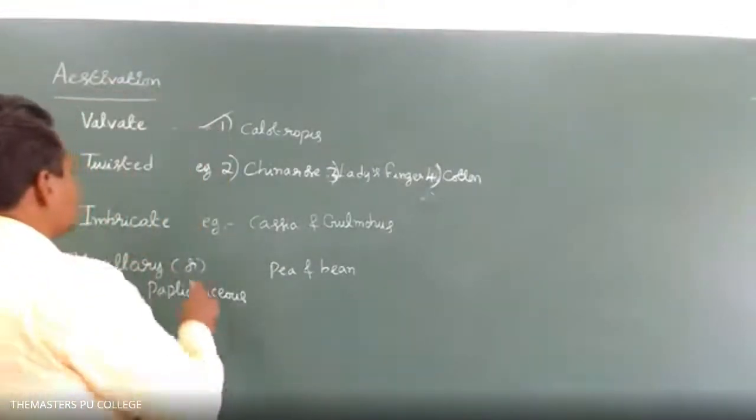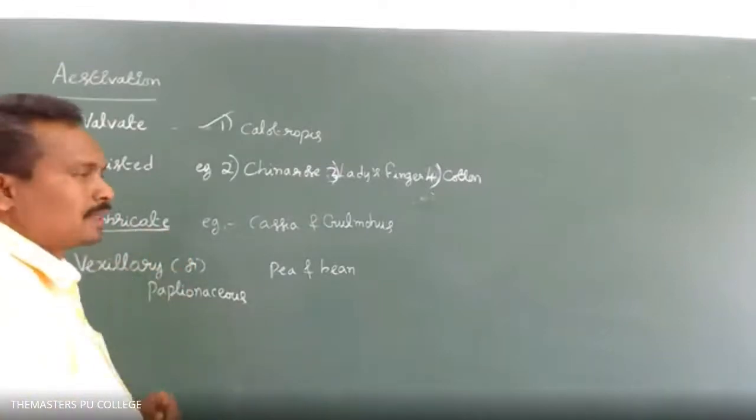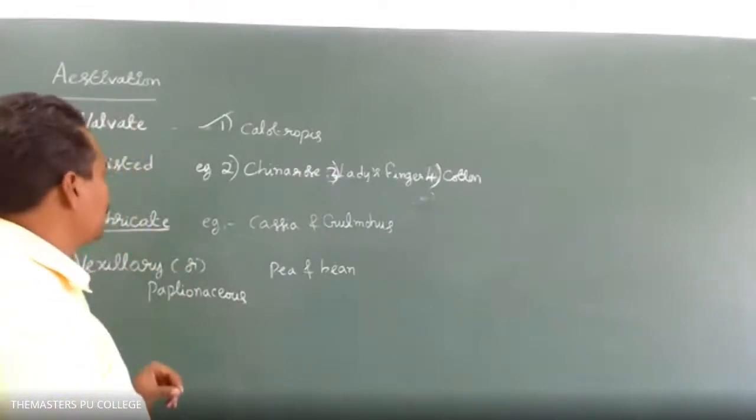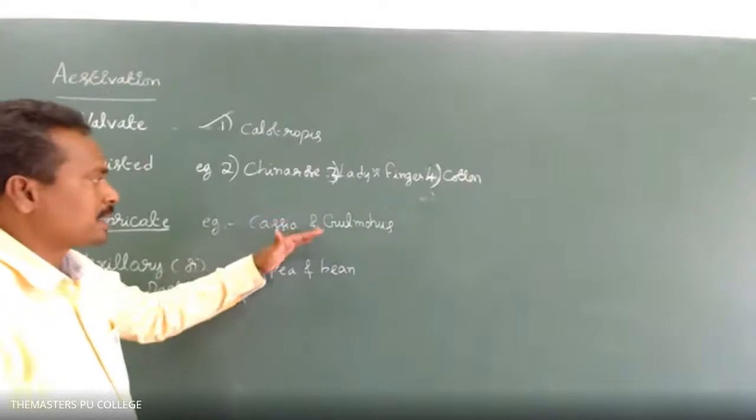Next, the imbricate estivation. The third type of estivation is imbricate. The imbricate estivation is seen in Cassia and Gulmohar.